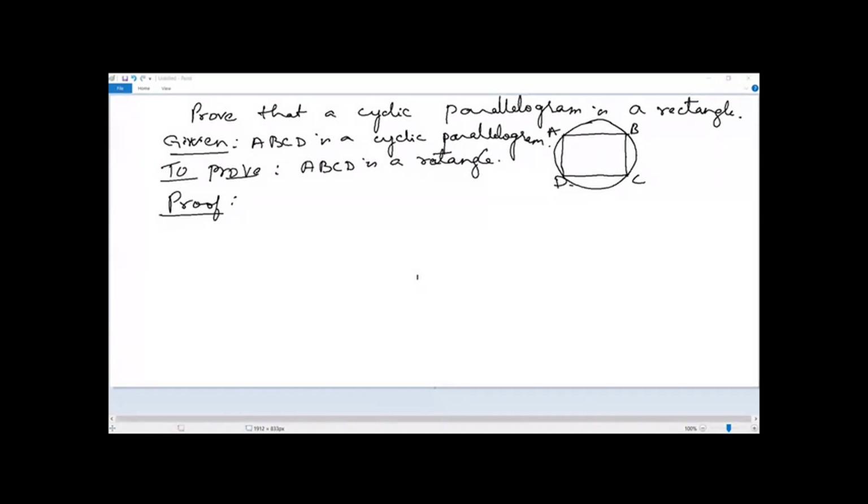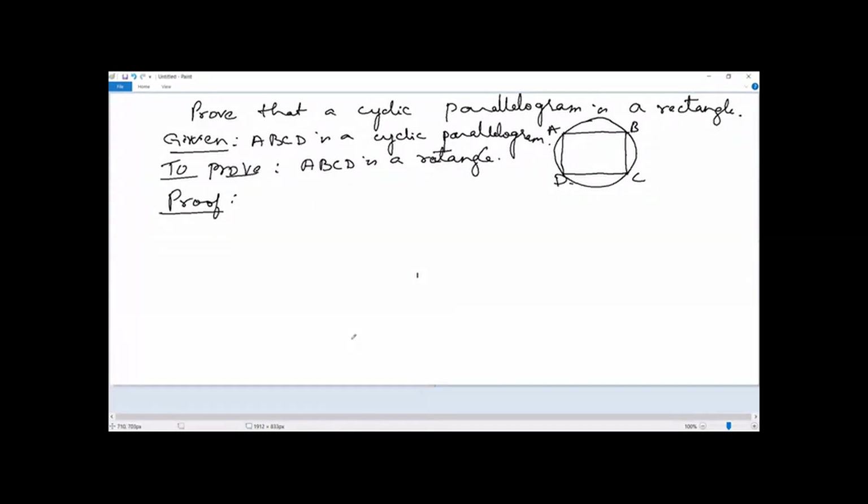Opposite angles are supplementary. So angle A plus angle C equal to 180. Angle D plus angle B equal to 180. But ABCD is a parallelogram.